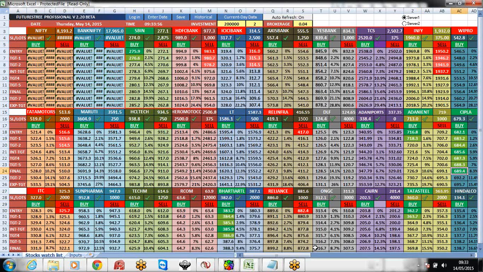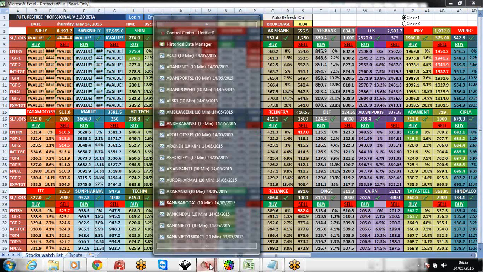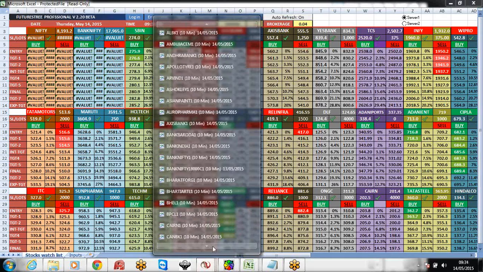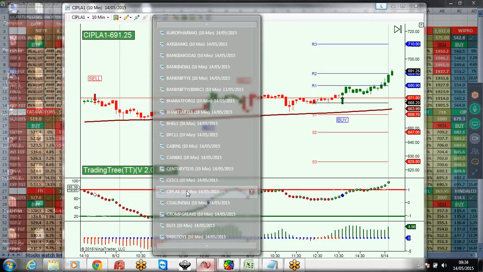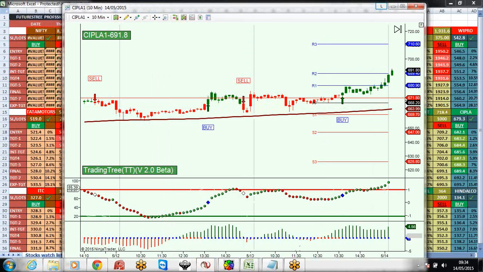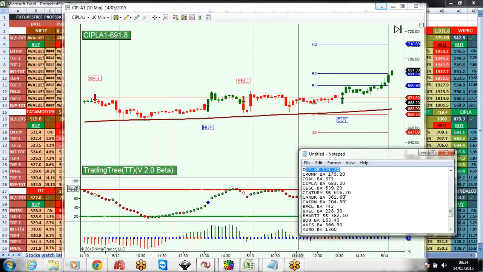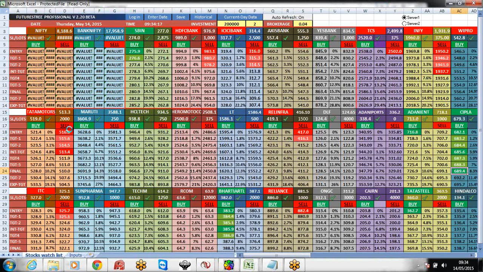Cipla, it's already done with final targets. I'll show you the Cipla chart. So we can see supply here. We had that price for supply at 683. It's 691 now. Tata Motors, you'll have to wait. It was a gap down open.